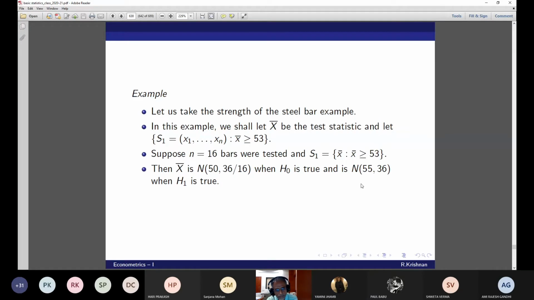There is a typo, correct? So what will be the alpha level?